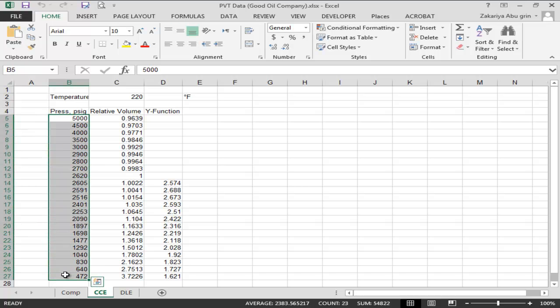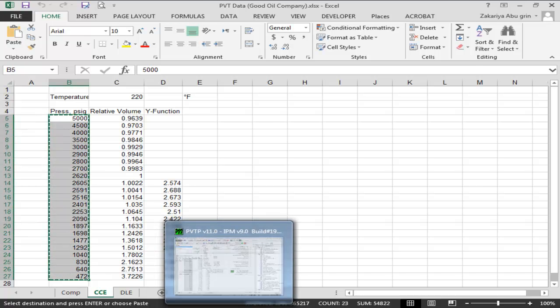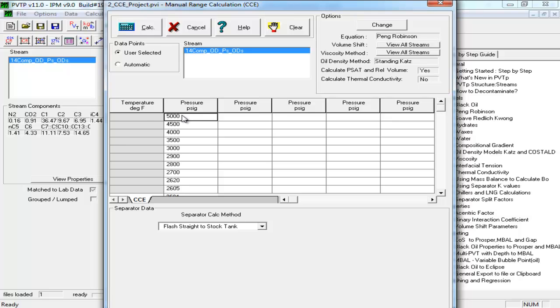We enter, take the pressure, so now we enter the temperature, and as I said, we don't need to enter that at each row, just one value for all the pressure stages.